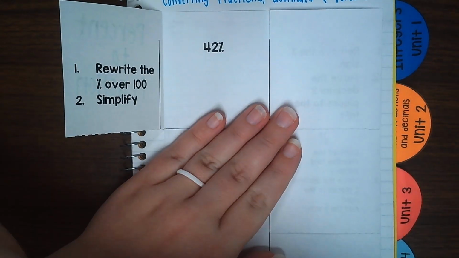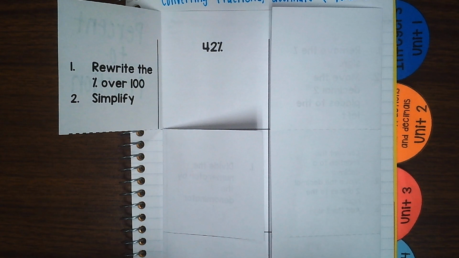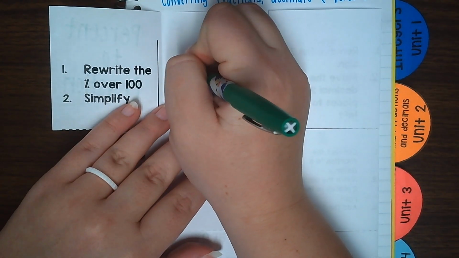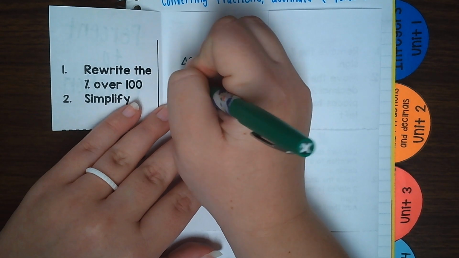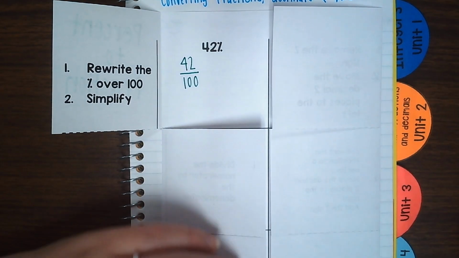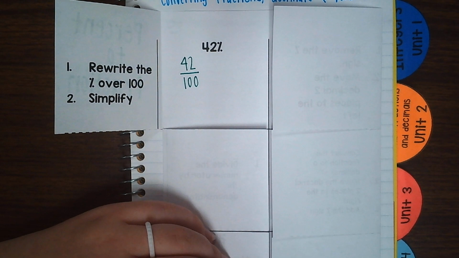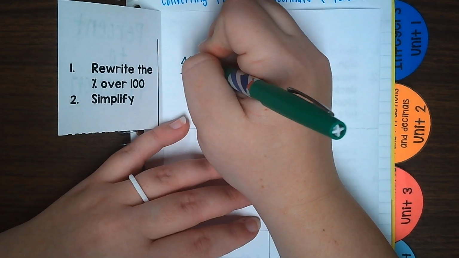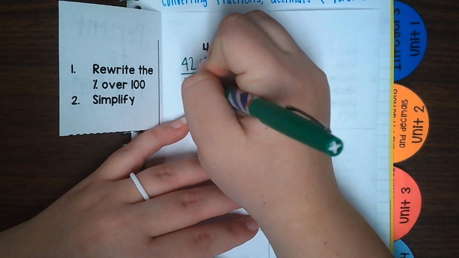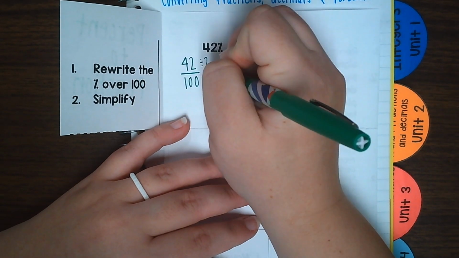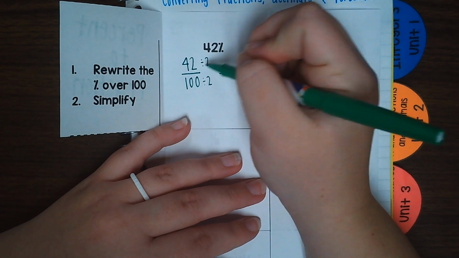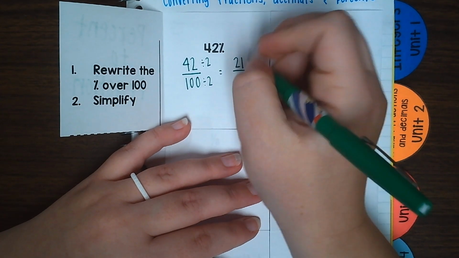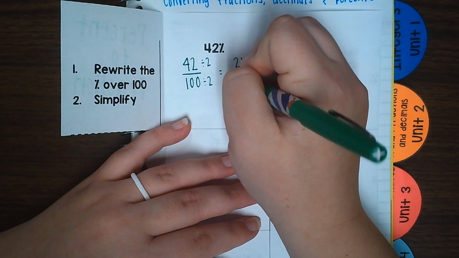Okay, so our percent is 42. So rewrite the percent, 42, over 100. Then we need to simplify. Well, 42 and 100 are both even, so I know they're both divisible by 2. 42 divided by 2 is 21. 100 divided by 2 is 50.